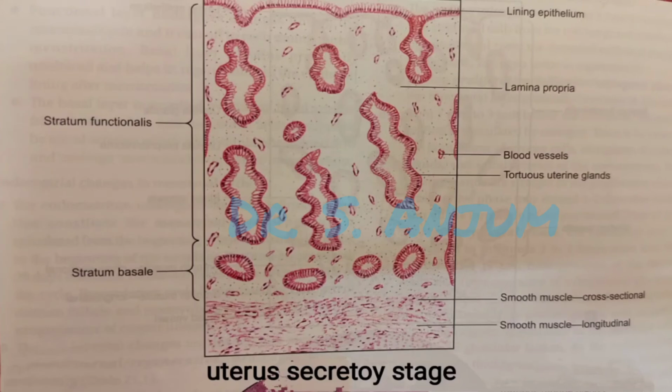In this diagram also, this is a diagram of secretory phase. Here is the muscle layer, and this is the basal zone from which the remnant of glands and blood vessels grow. So in the functional zone you can see there is twisting of uterine gland. These are the blood vessels, and blood vessels also go under twisting, spiraling, and further growth.